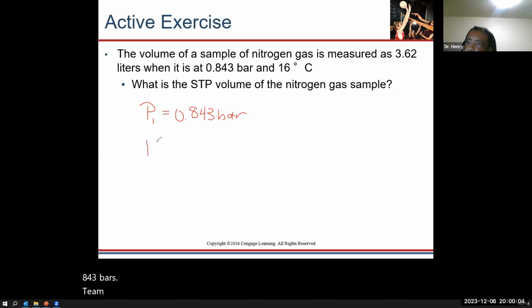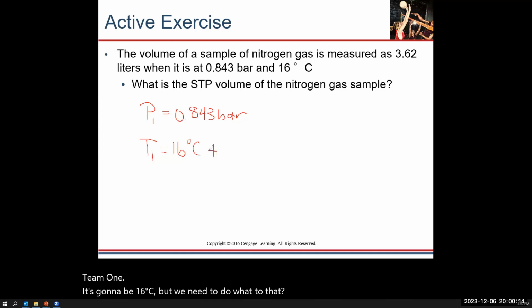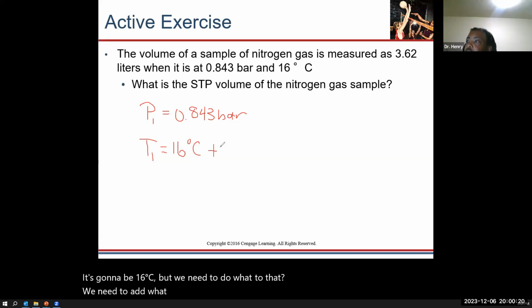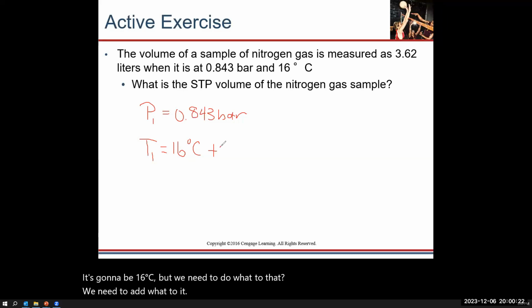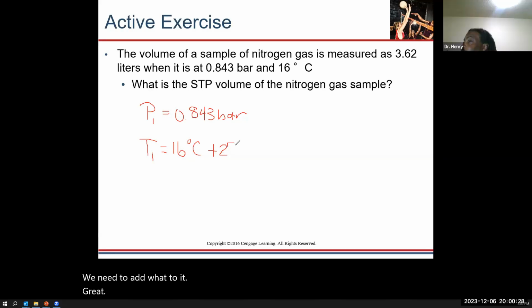T1 is going to be 16 degrees Celsius, but we need to do what to that? Kelvin? We need to add what to it? 273. We're going to add 273 to it, right? To change it to Kelvin.